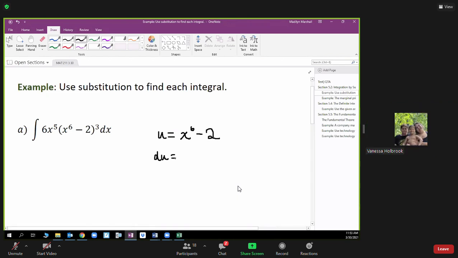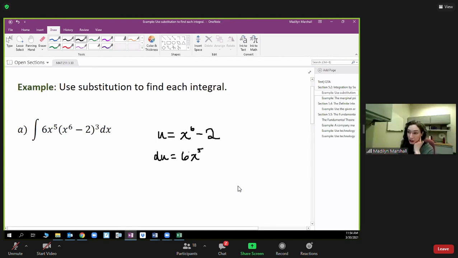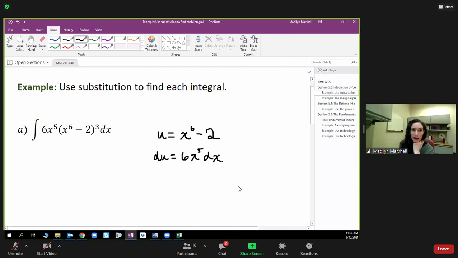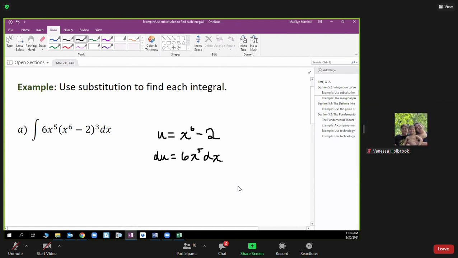That 6x to the 5th, u to the 3rd? So the du is just the derivative of u, which is 6x to the 5th dx. Oh, that's right. Okay. So the du is really just the derivative, but instead of having the dx under the du, it's over on the other side.